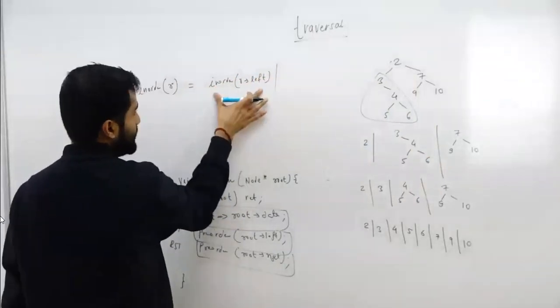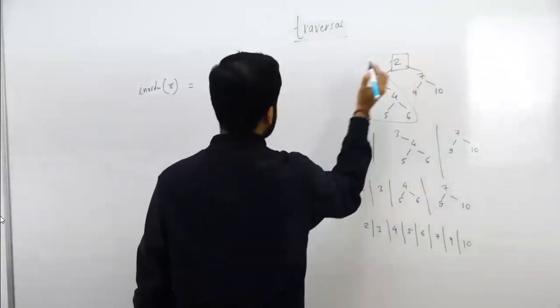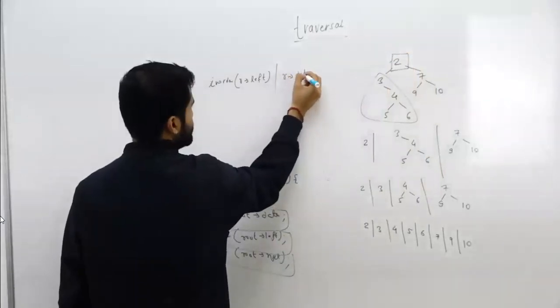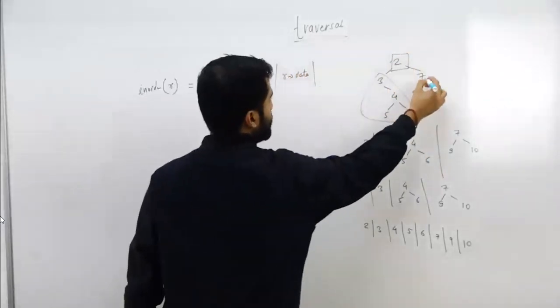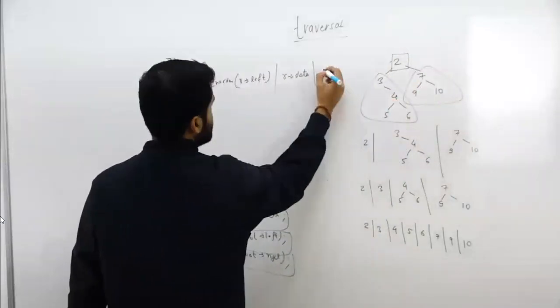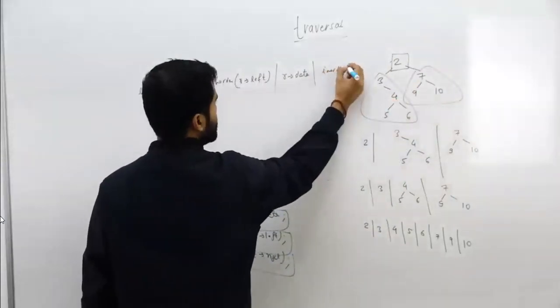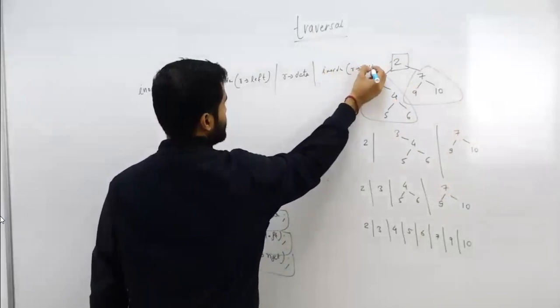And after that, you will print this root, which is R data. And after that, you will print the right subtree, which is you will call in order for R right.